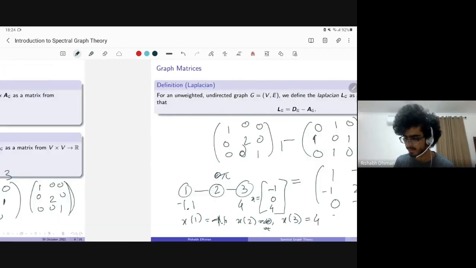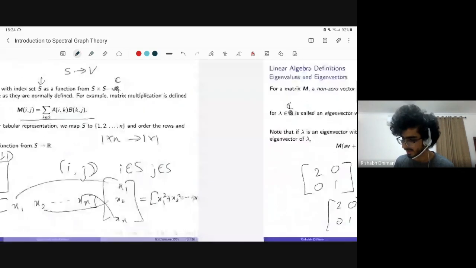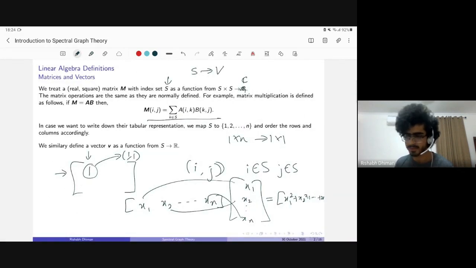this is sort of why I defined the matrix in this manner in terms of an index set. As I said earlier, generally you associate with a matrix some number at some row position and some column position.